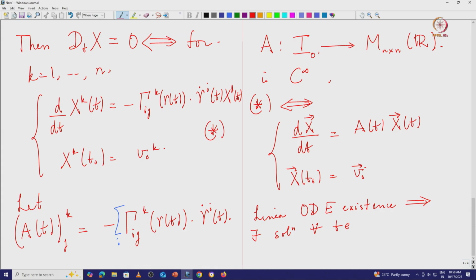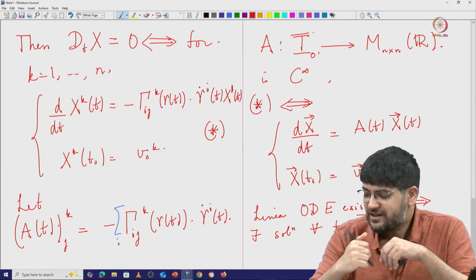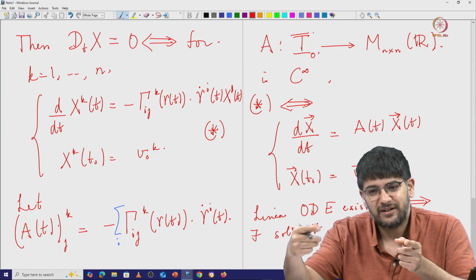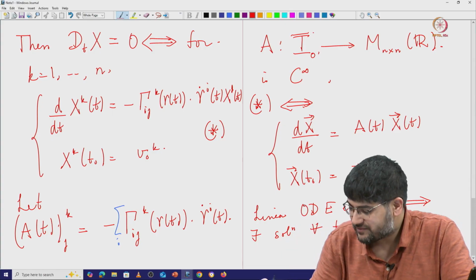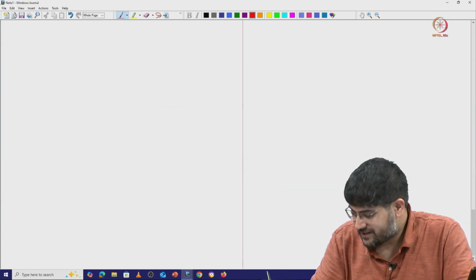Sorry, this is only on the interval I naught, because gamma restricted to I naught is what is contained inside the coordinate neighborhood. So for this entire interval, in fact the closure of this interval, you have a solution. So that solves the local problem, that you at least have a parallel translation defined on this small segment of your curve. Now you extend this globally.